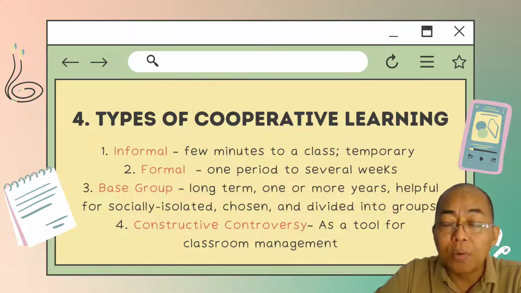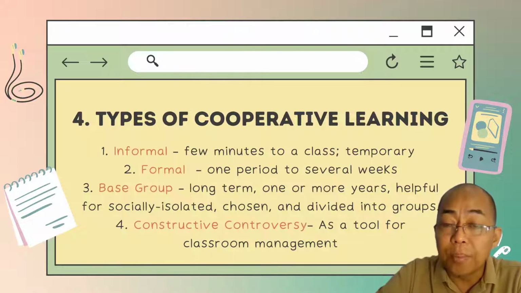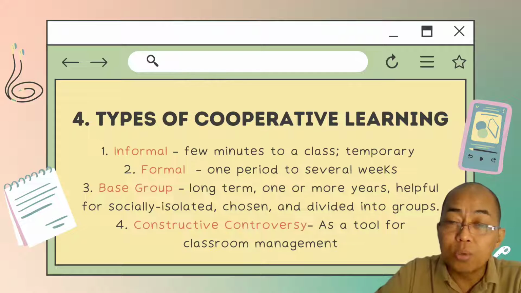And of course, the second one is formal cooperative learning, which lasts from one period to several weeks. Unlike the informal cooperative learning, in formal cooperative learning, very important, there is really an intention to group the students.